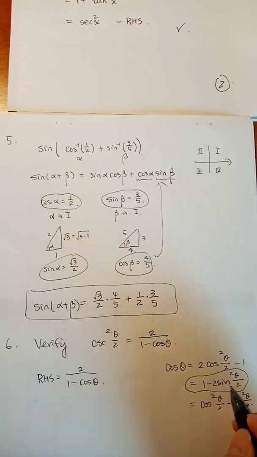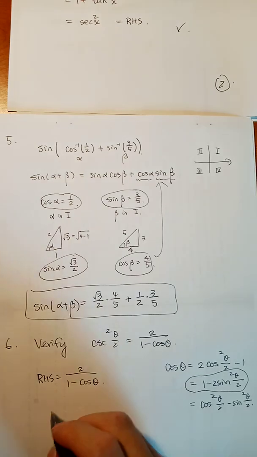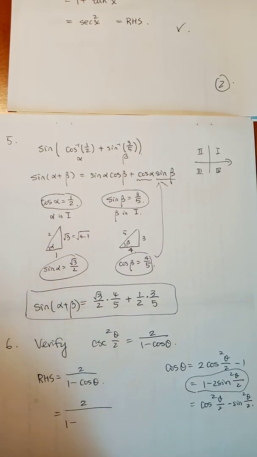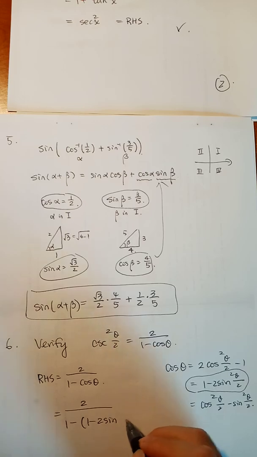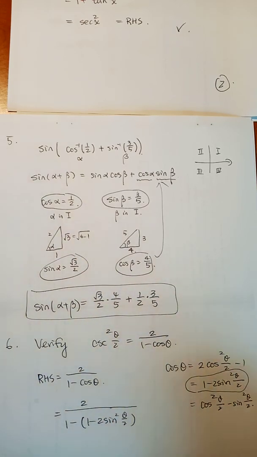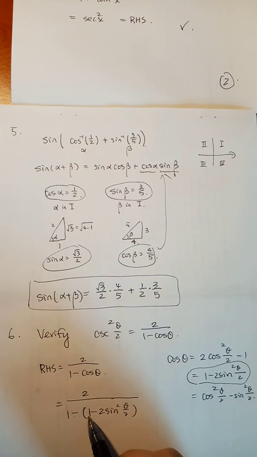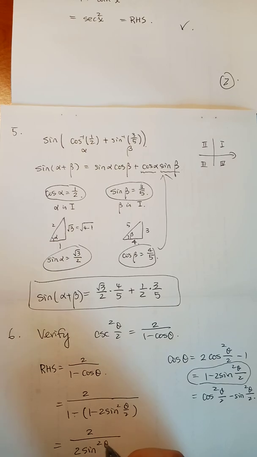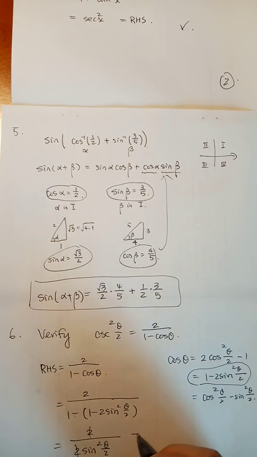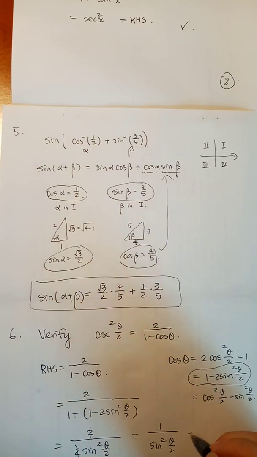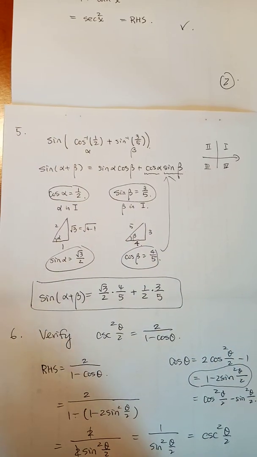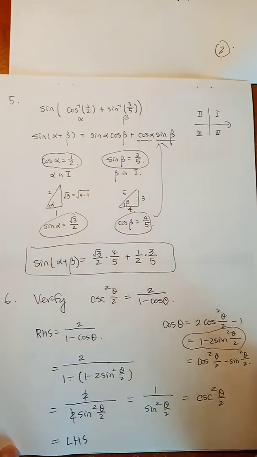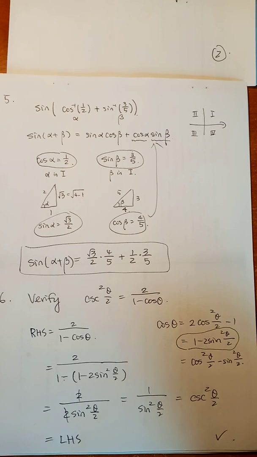Cosine theta is 1 minus 2 times sine squared of theta over 2. So it's 2 over 1 minus the quantity, 1 minus 2 sine squared theta over 2. The minus 1 cancels, minus becomes plus. So the 2 cancels. You get 1 over sine squared theta over 2. One over sine is cosecant, so it's cosecant squared of theta over 2. You're back to the left hand side, so you're done with the verification.